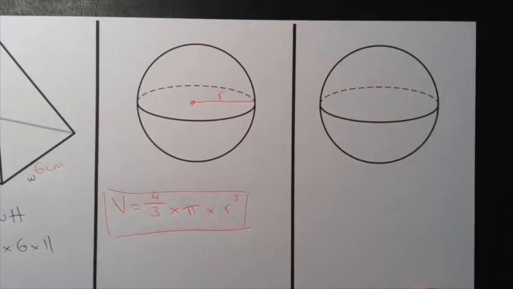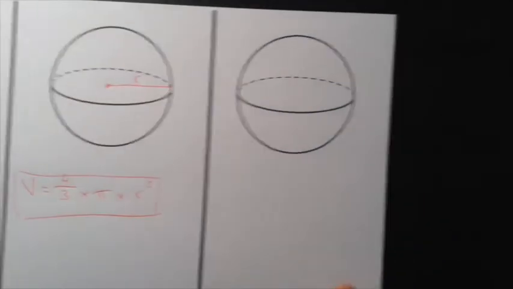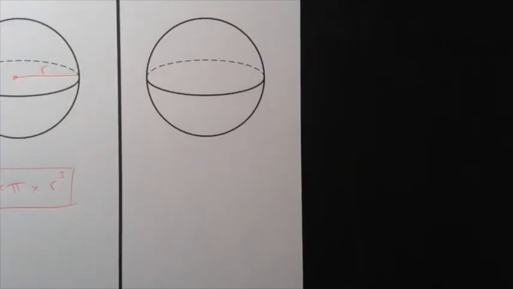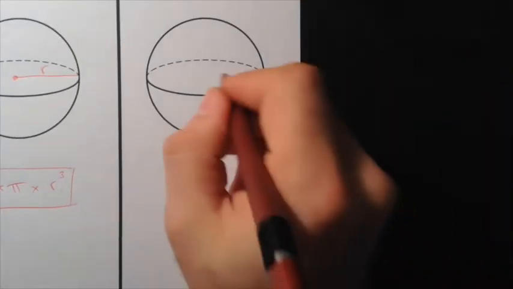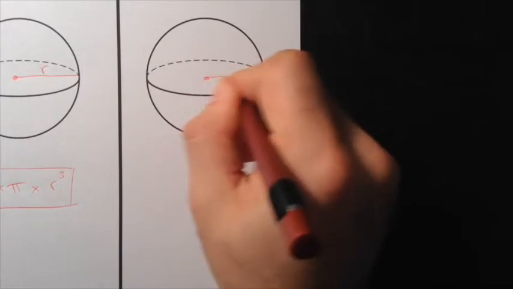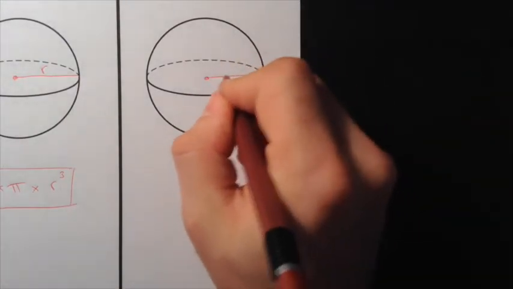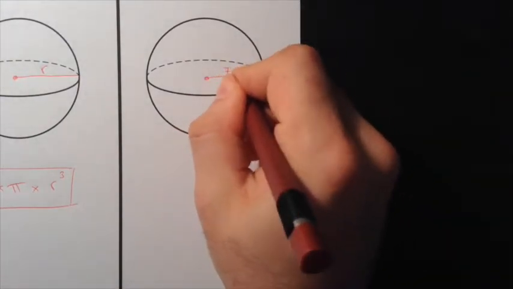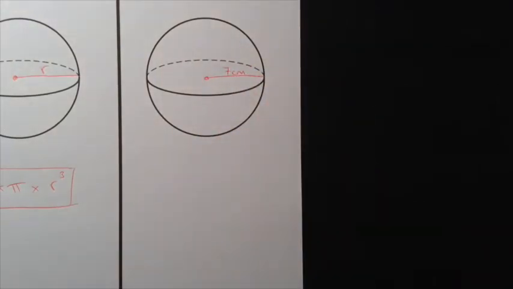Okay, so let's have a look at a quick example on how to work out the volume of our spheres. So let's give this sphere a radius, let's call it 7 centimeters. And we're asked to find the volume of that sphere. So again, the first thing I want you to do, work out what shape you're dealing with.